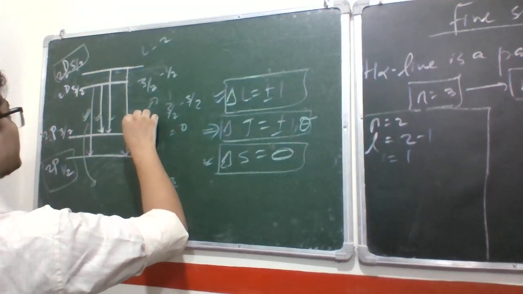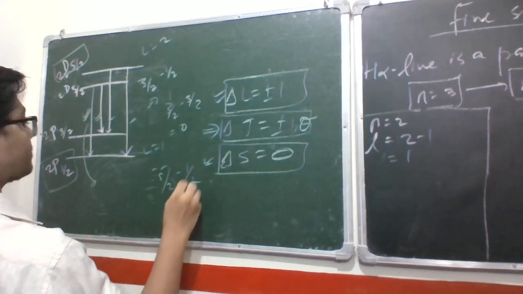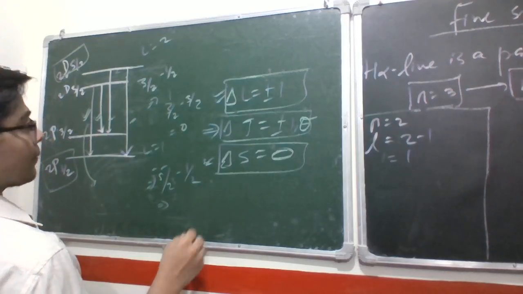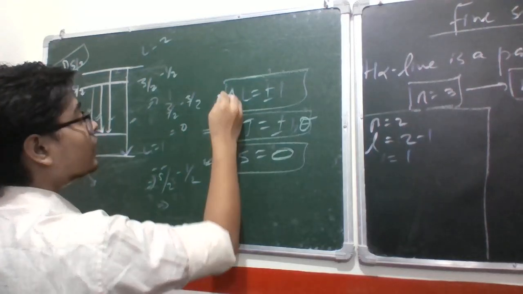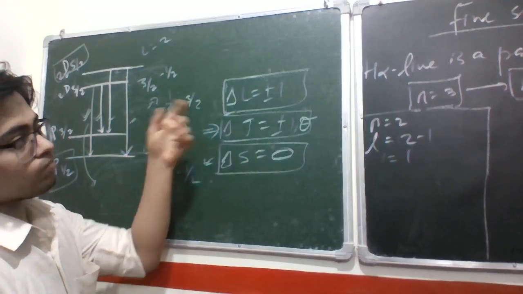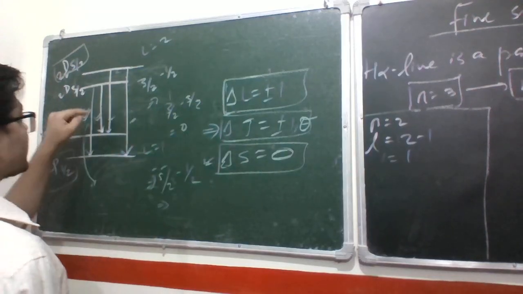And let me check this one, 5 by 2 minus 1 by 2. Okay, this one is not satisfied for this line.